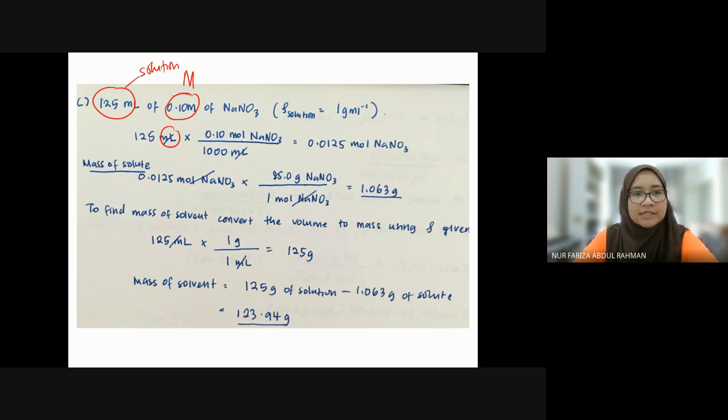When we translate, 0.1 molar is also equal to mole per liter. So I just use the 125 ml given, and the 1 liter I convert into 1000 ml so that it can be cancelled out. Alternatively, you may convert milliliter to liter directly, and then you can use 0.1 mole sodium nitrate over 1 liter of solution.